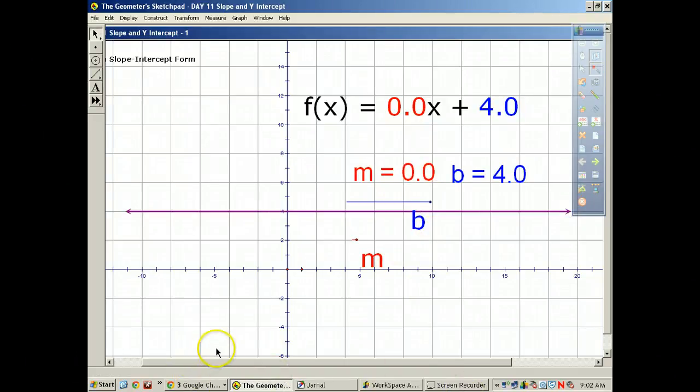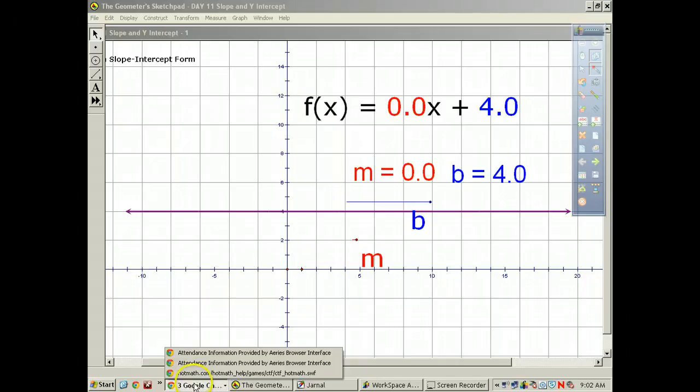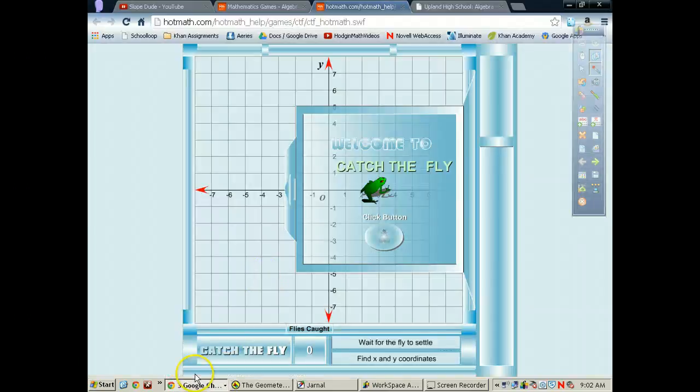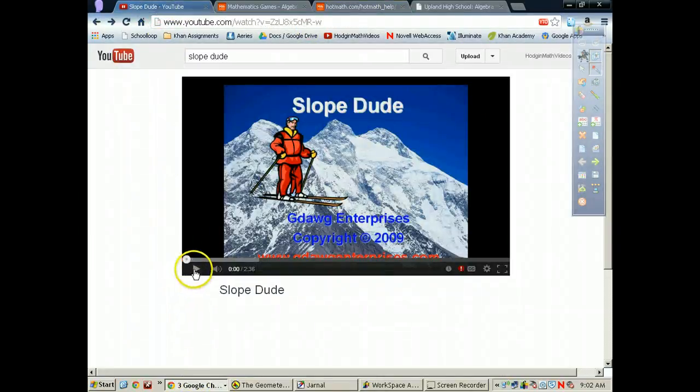You guys might remember Slope Dude. Let's see which one it is here. Slope Dude. Yeah. Pretty bad. It's actually really bad.